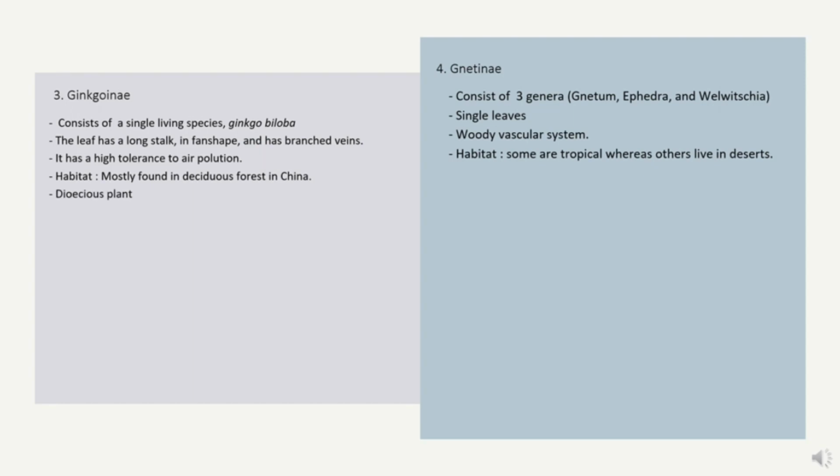And the next is that Ginkgoinae is a dioecious plant, and Gnetinae is a monoecious or dioecious plant.